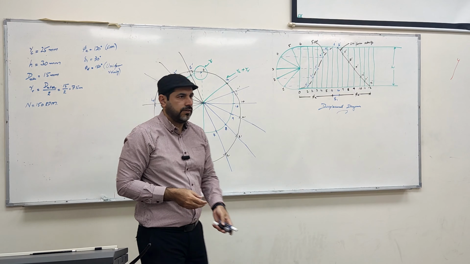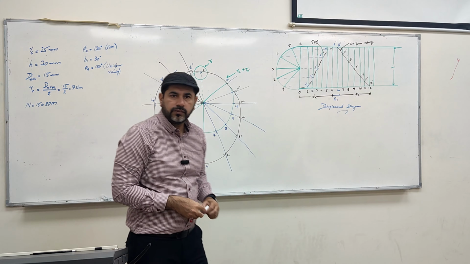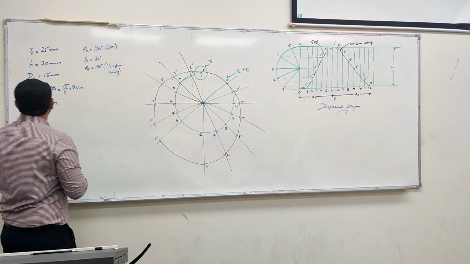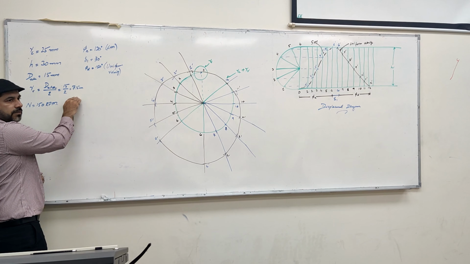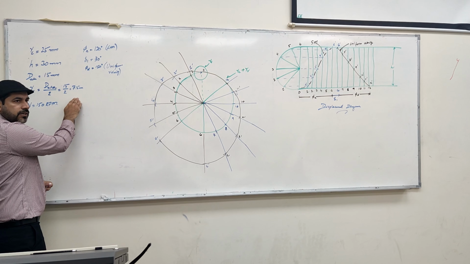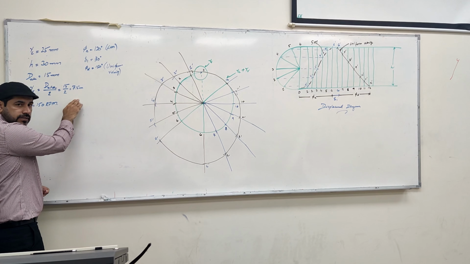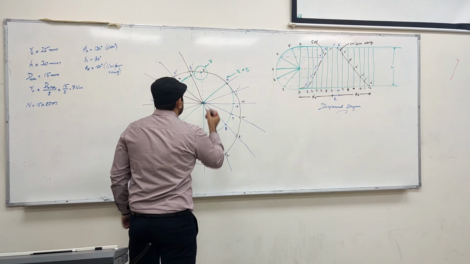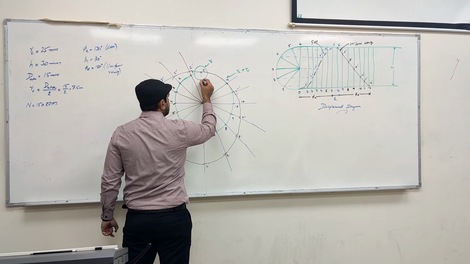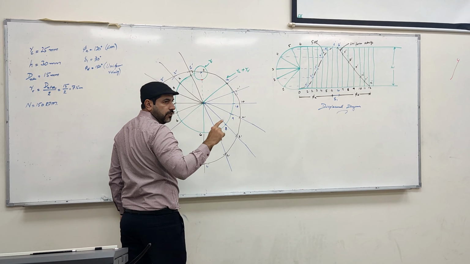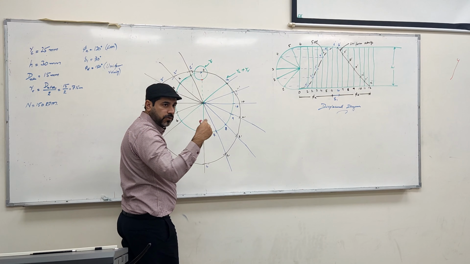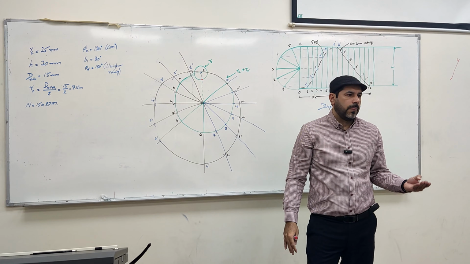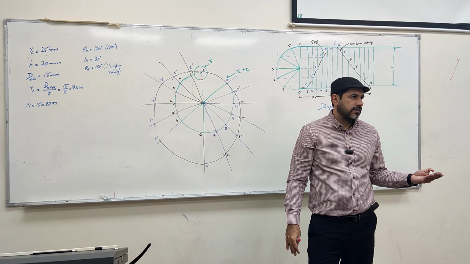So what do you need to do now? You need to offset all of them. How much to offset? The same amount as the roller radius. Okay. So this 0 point will come over here. We'll open it and fix it to 7.5 in this particular case. It can be any other value depending upon the input data.